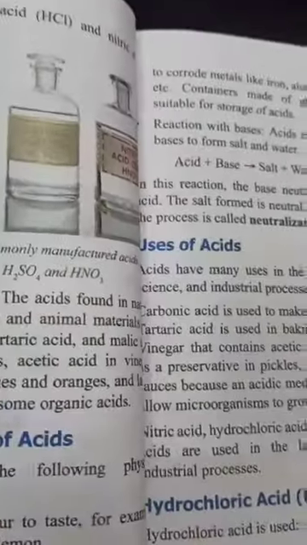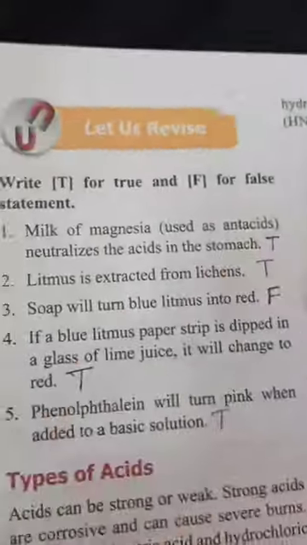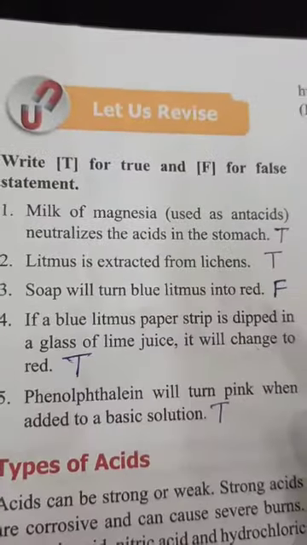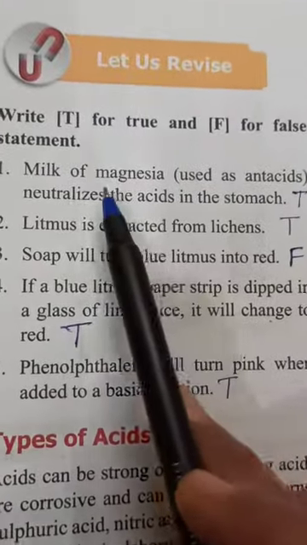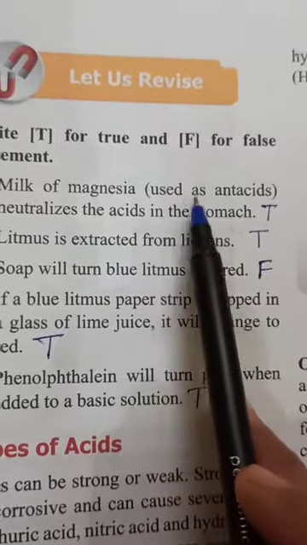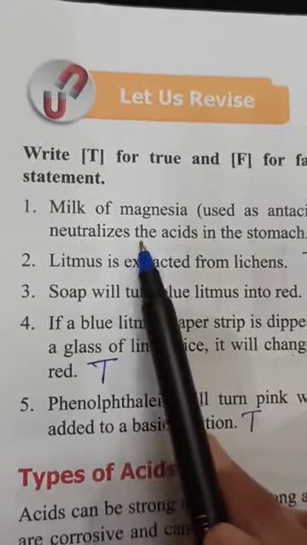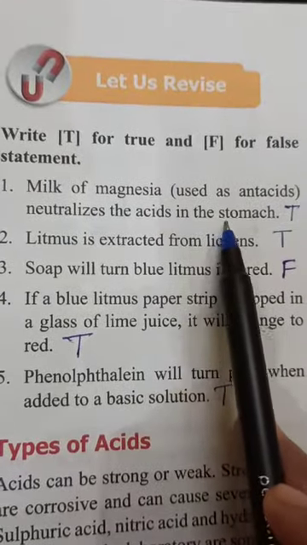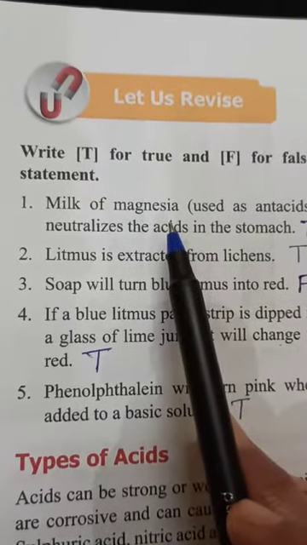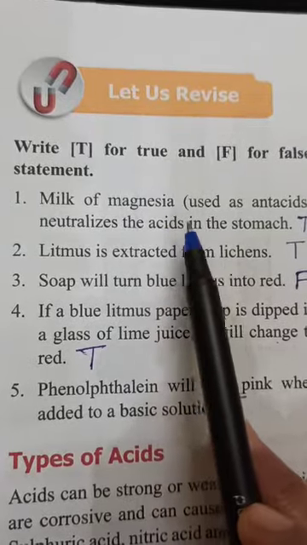So next page, children, here is true or false they have given. Milk of magnesia used as antacid neutralizes the acids in the stomach. Just now I have explained to you when we read about the bases.